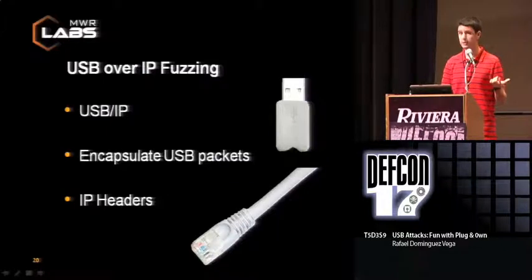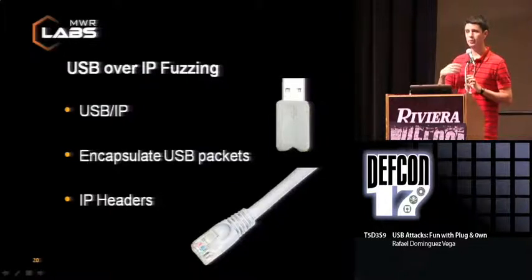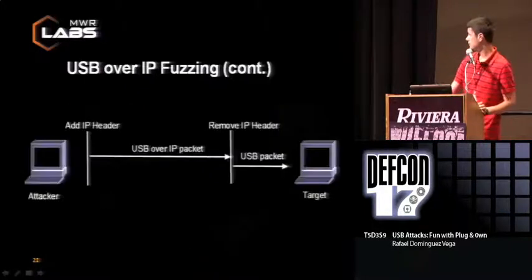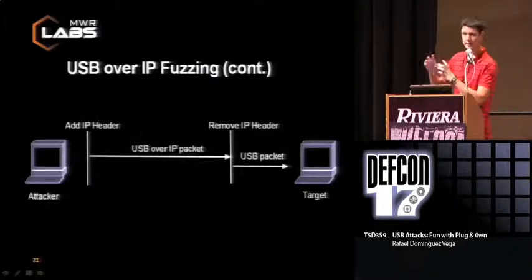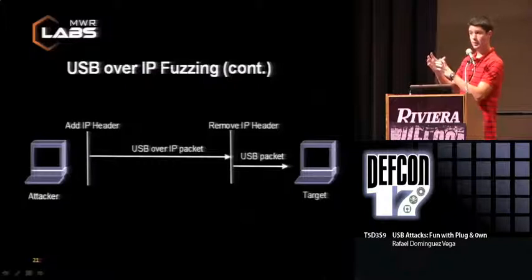As it is also open source, we looked at the source code to create a little tool that would allow us to replicate USB IP packets. So our environment looks something like this. We have the attacker system with this tool that we created to replicate the USB IP packets.